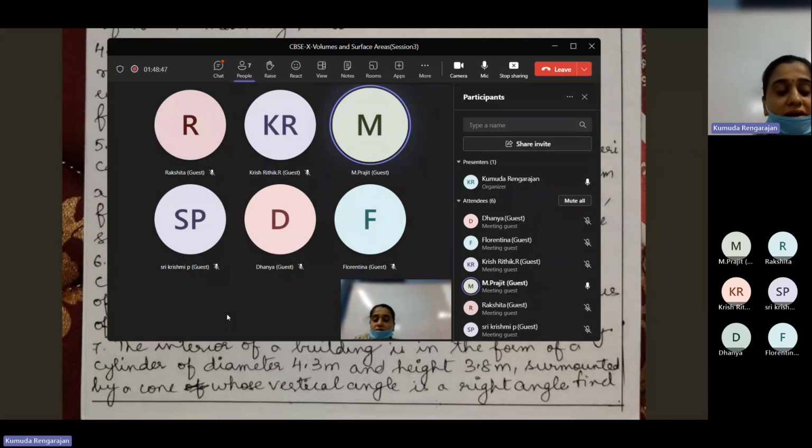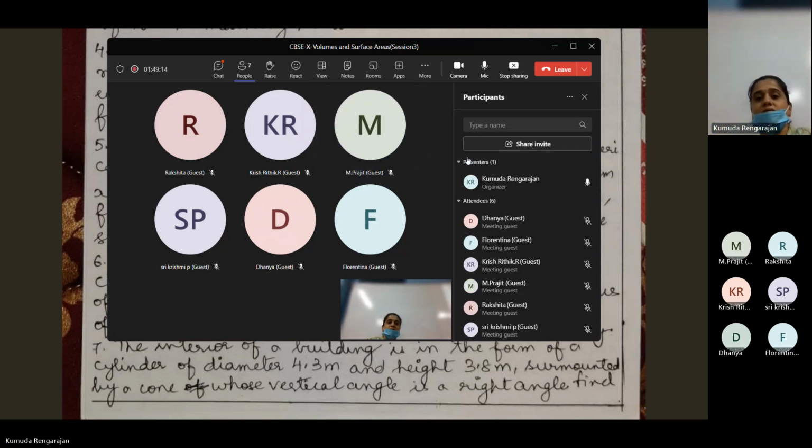Yeah, read what you've written prior to that step. I wrote 1 by 3 into 22 by 7 into 4.2 into 4.2 into 2 into 4.2 plus 6. By solving, I got 22 into 0.84 into 8.4 plus 6. And by solving that, I got 266.112. Okay. Good.